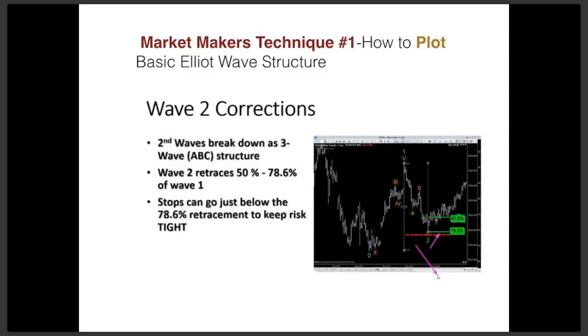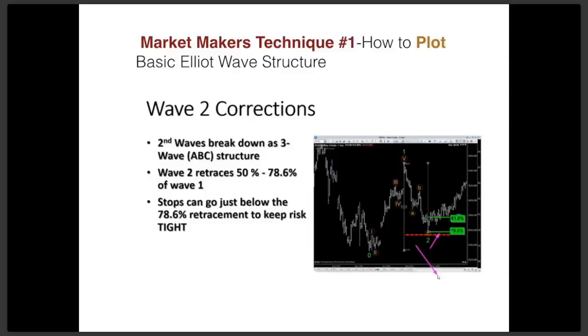Let's move on to wave 2 corrections. So again, if I break down from, let's say, 1 to 2 in green, you should see an ABC structure, and by using Fibonacci retracement, let's assume we are drawing a retracement from 0 to 1 in green, from 100% to 0%. Now wave 2 retraces from the 50% retracement right up to the 78.6, forming wave 2.